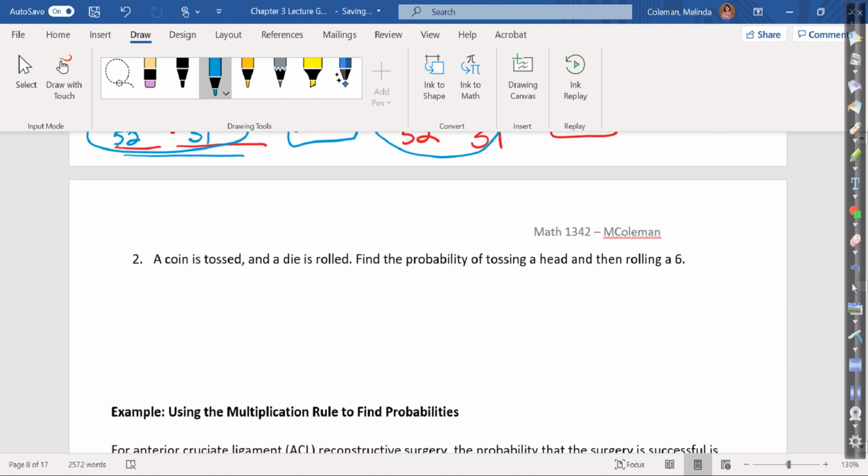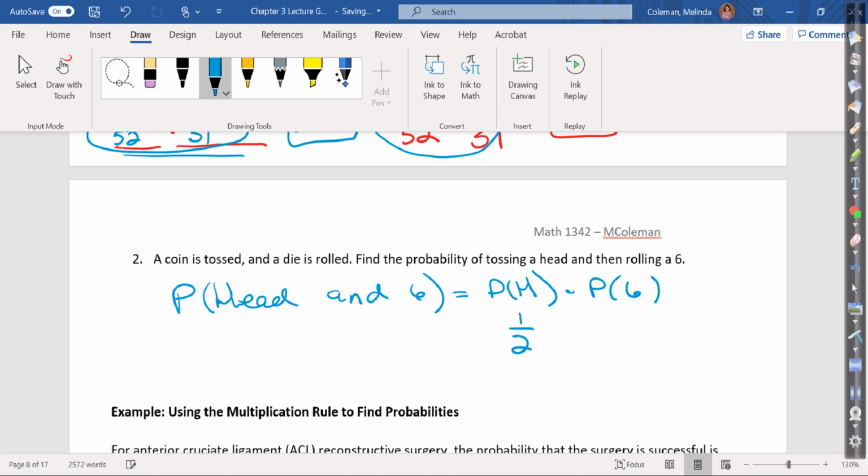All right, a coin is tossed, a die is rolled. What's the probability of tossing a head and then rolling a 6? So the probability that we get a head and 6. Again, because we already know these are independent events, one does not depend on the other. This would just be the probability of a head times the probability of a 6.